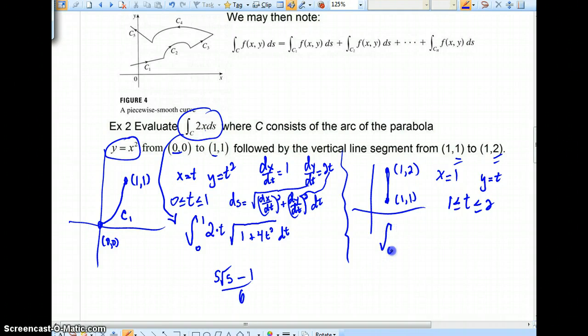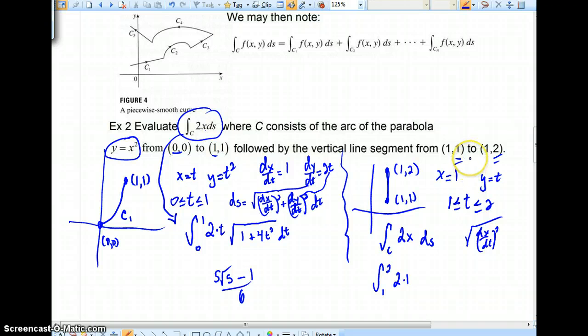So finishing up our line integral, we're going to go back just to an ordinary integral with respect to t. We're going to integrate from 1 to 2. But now look at this, our x, this is 2 times just a 1. And then ds, well, if we were to look at (dx/dt) squared, well, my goodness, that's 0, isn't it?